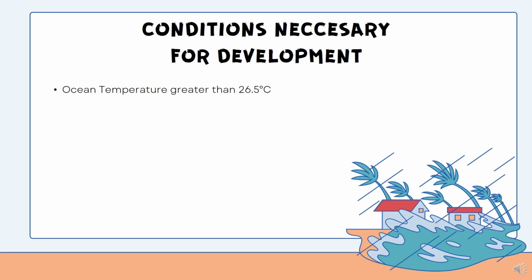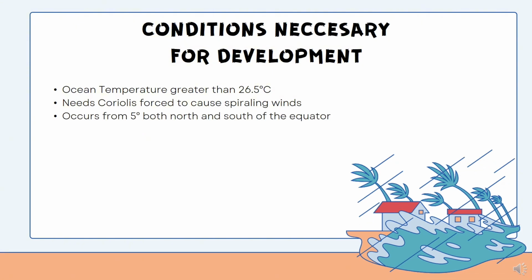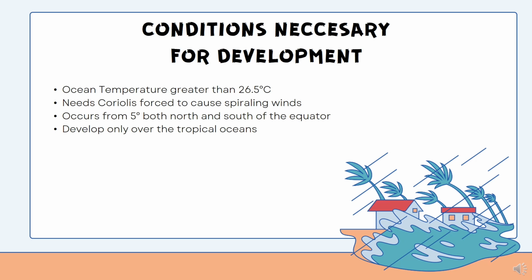They develop only over the tropical oceans, and that's mainly because of the temperature of those tropical oceans. As you go further south and further north, the ocean temperature decreases.